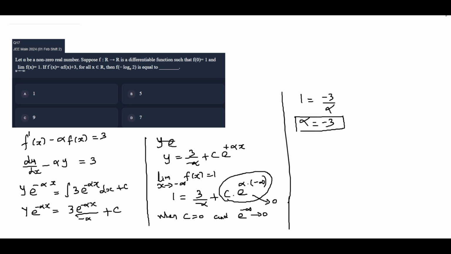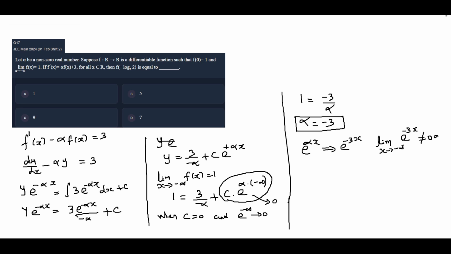If alpha is negative, then e power alpha x will be tending to e power minus 3x. So limit x tends to minus infinity e power minus 3x is not equal to 0, that does not exist, the limit does not exist.